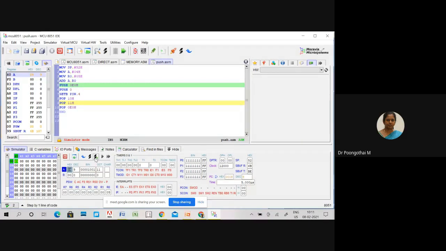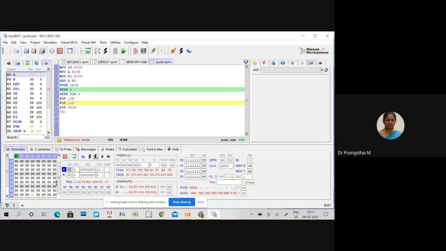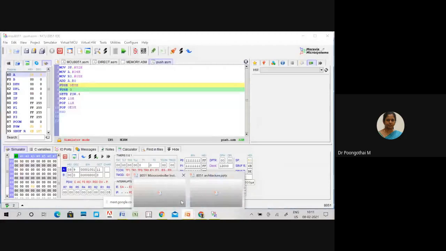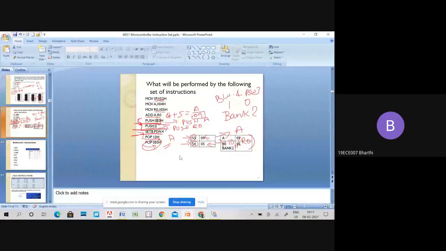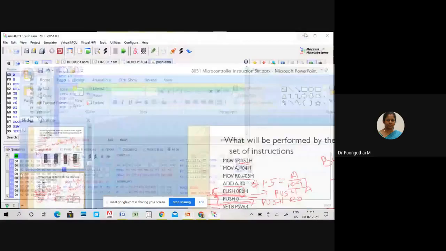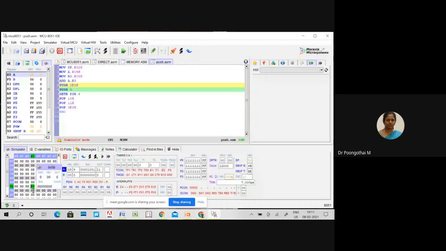And next, the push instruction. After execution, check your internal memory. What is the memory location during the execution of this one? It's pointing to 53. So check the 53 memory location. This is your 50, 51, 52 and 53.